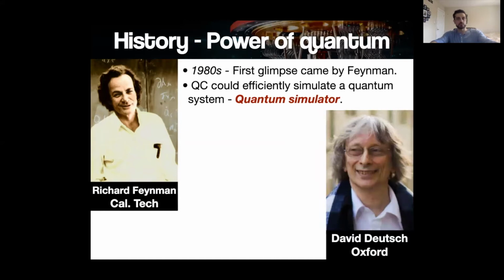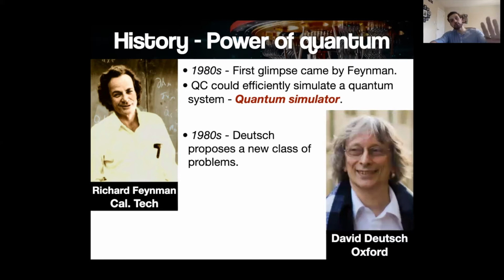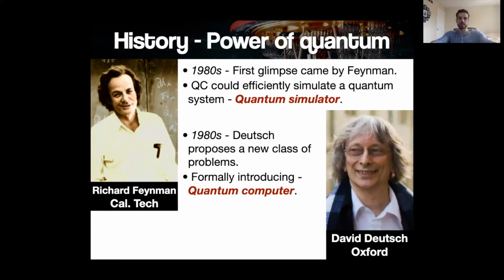David Deutsch then takes the next and final step to formalizing quantum computing. And he proposes a new class of problems that a quantum computer could solve more efficiently than a classical computer. And how much more efficiently? If a quantum computer saves you 2 seconds on your calculation, big whoop.